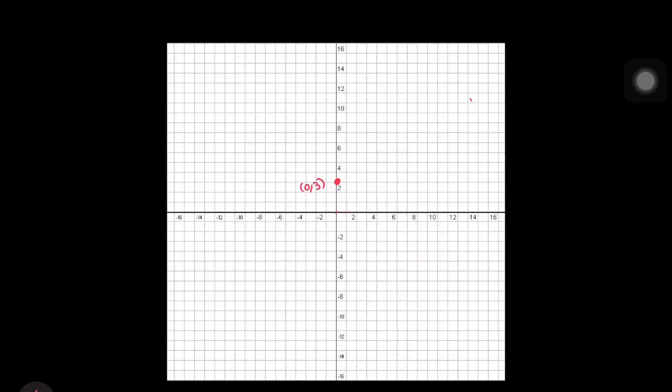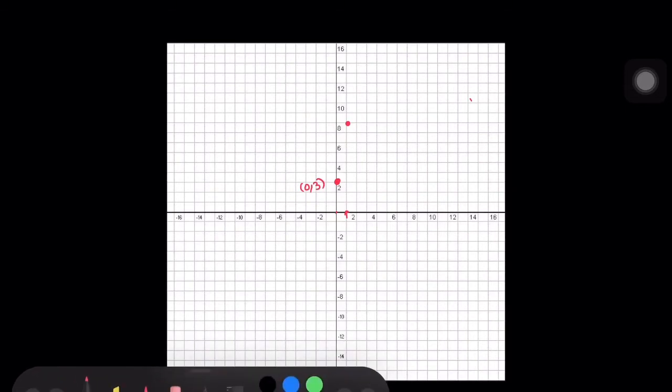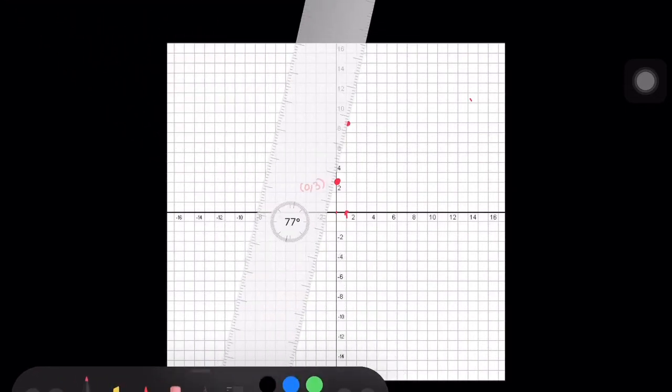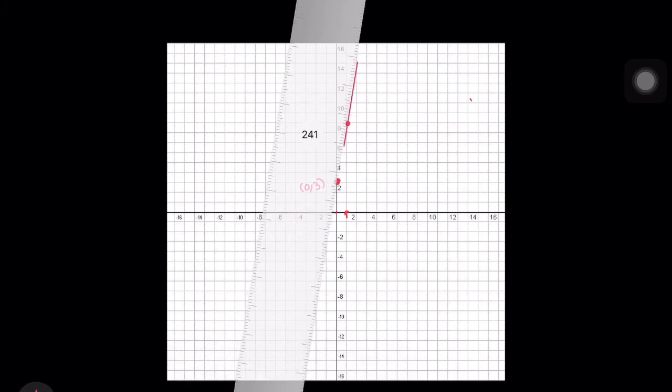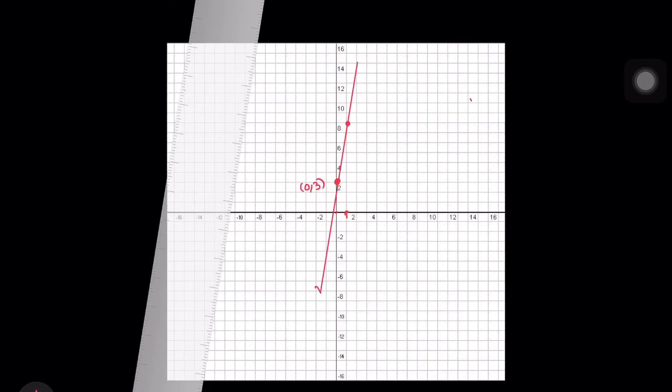So just connecting these points with a line. This point is (1, 8), and the line equation is y is equal to 5x plus 3.